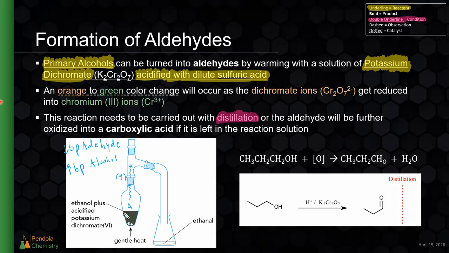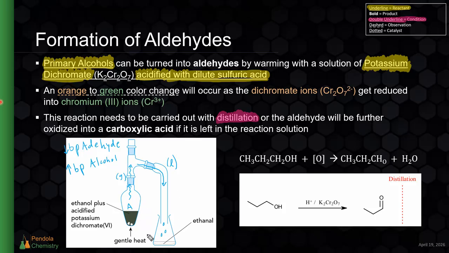The alcohol won't, because the reaction vessel will be at a lower temperature than the alcohol's boiling point. Once that aldehyde vaporizes, it goes through our distillation vessel and then condenses back into a liquid where it drips out into a separate container.